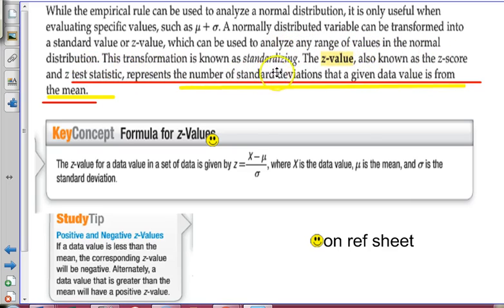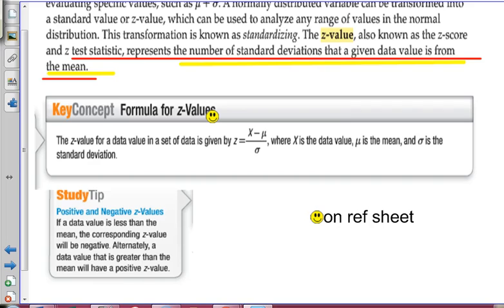This transformation is known as standardizing, and the z, we're going to call it a z-score, is the number of standard deviations that a given data value is from the mean. It's just how many standard deviations you are away. So you take the number you want minus the mean and divide it by the standard deviation.